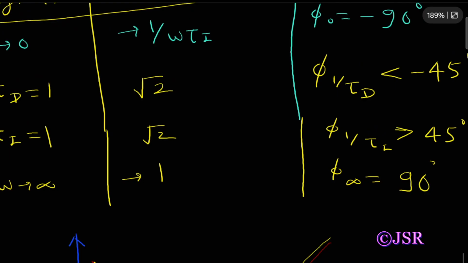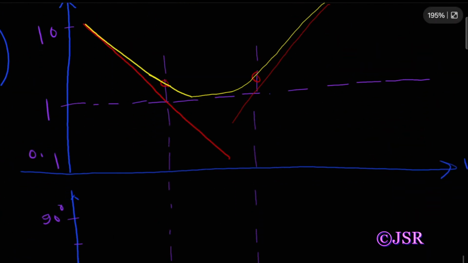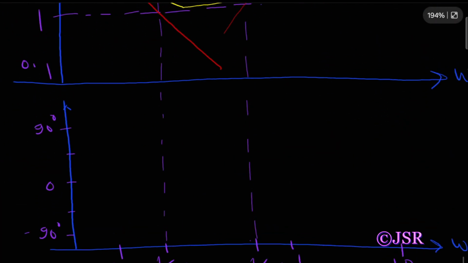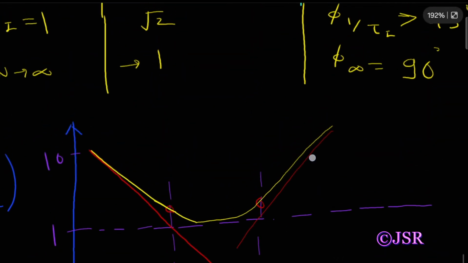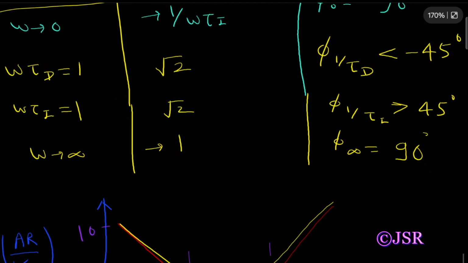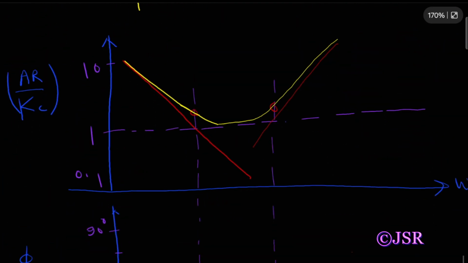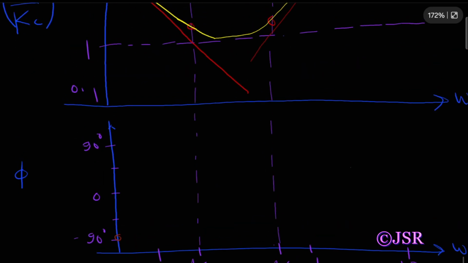So for phi at 0, the angle is minus 90, and when omega is equal to 1 upon tau d, so this will be minus 45 degree.